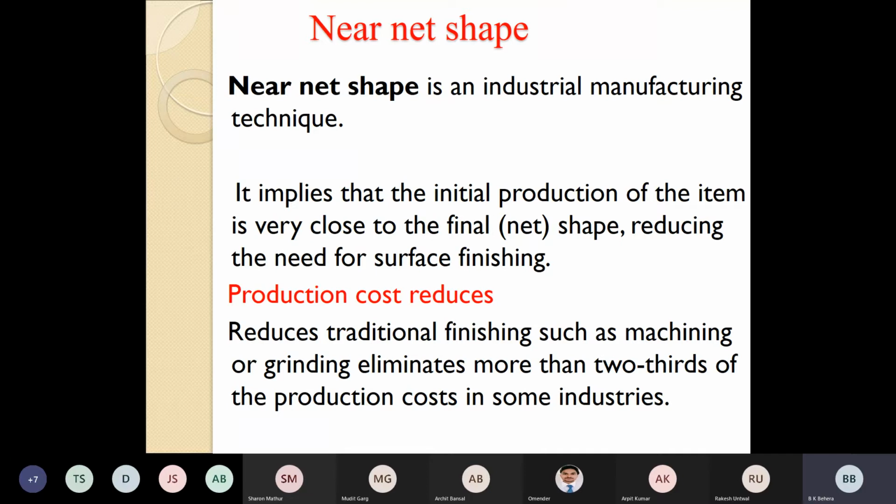Net means final. Net profit. If you have come across the financial terms gross profit, net profit, net profit means profit after tax, profit after all payments. Net means final.